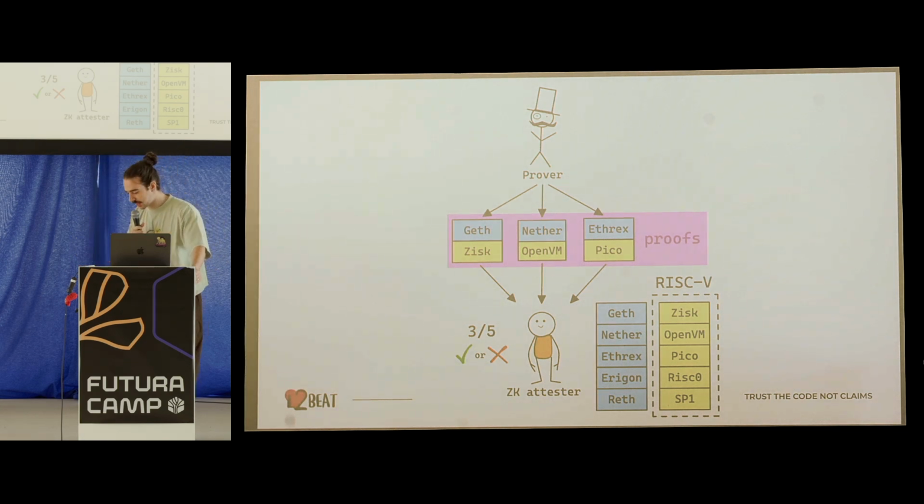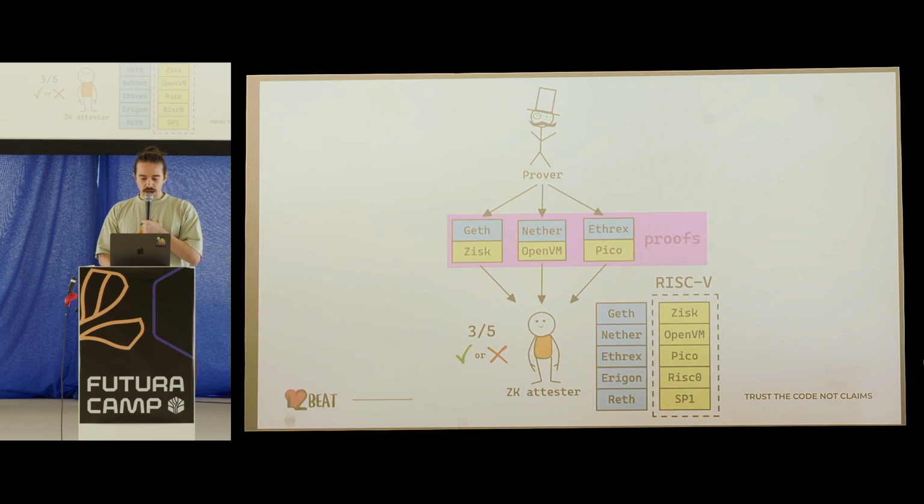I talked yesterday to Justin Drake, and he told me that they're moving to a 2 out of 3, actually. So an attester will need to have 2 proofs. It's a 2 out of 3 because a prover can stall, can have a liveness failure, and you don't want that to block the network, right? The important thing is that all the virtual machines that we're planning to use are RISC-V machines.